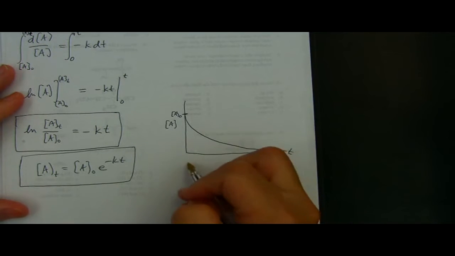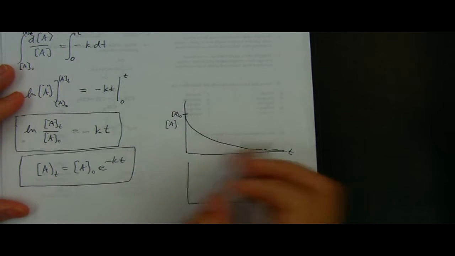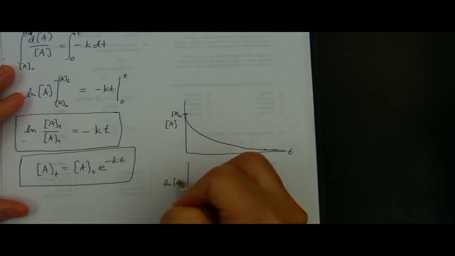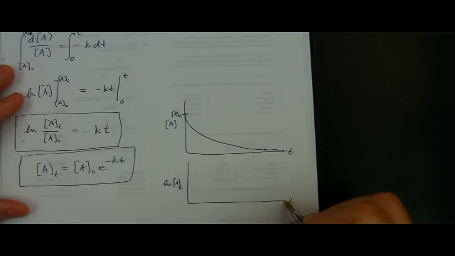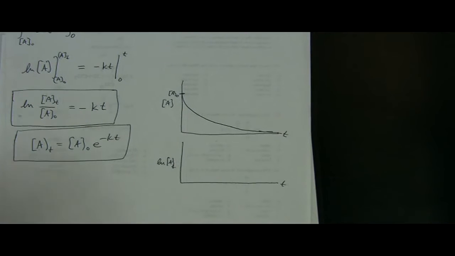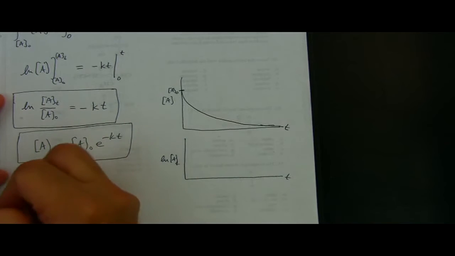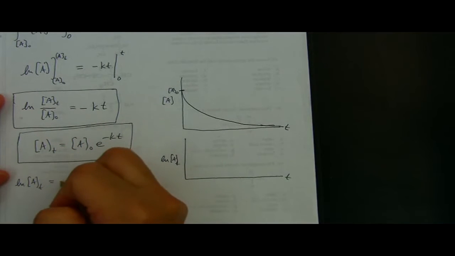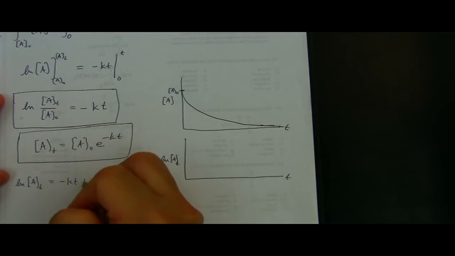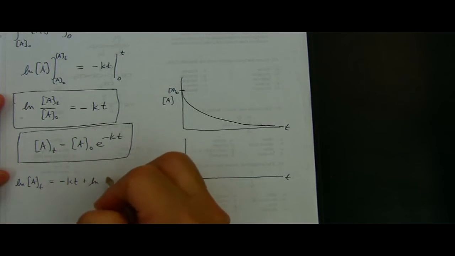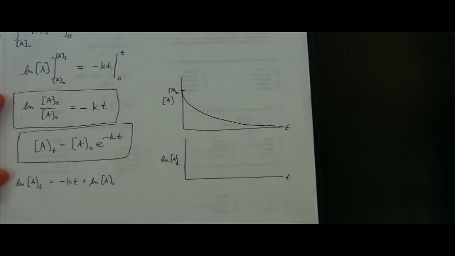Okay, if instead I plot log of A versus time, then what's that going to be? Well, I could rearrange this to be log of A at time t is equal to minus kt plus the log of A naught.